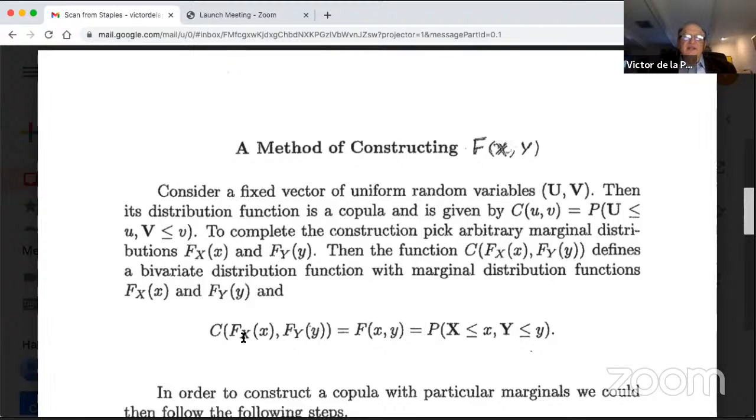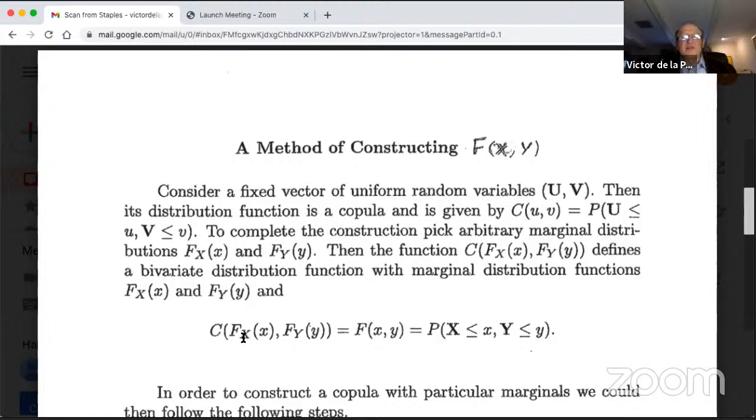And typically those come with fixed marginals. Here, we're expanding the scope of statistics and you are able to take the dependence function separate from the marginals.